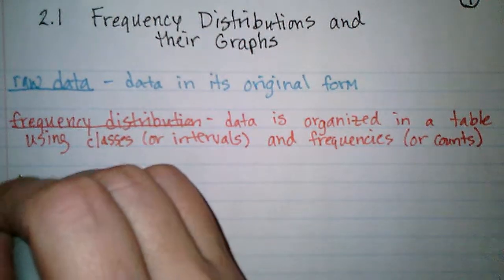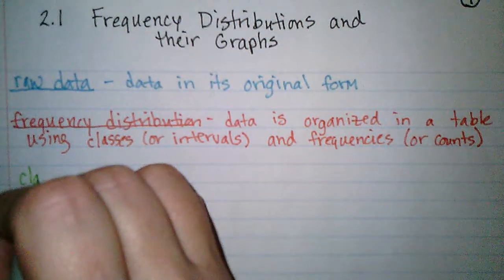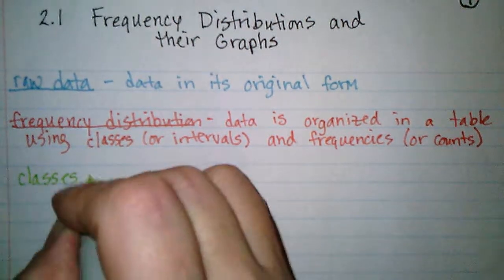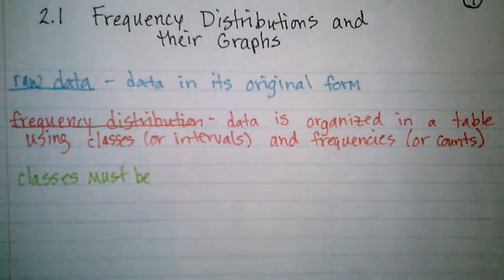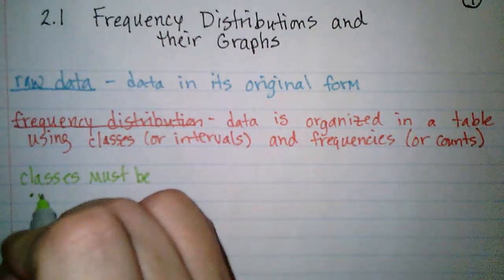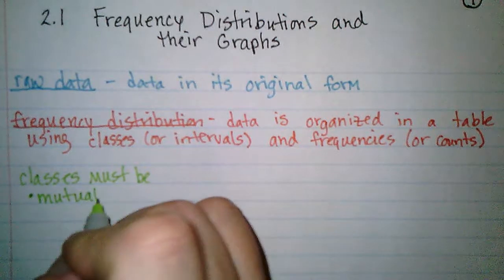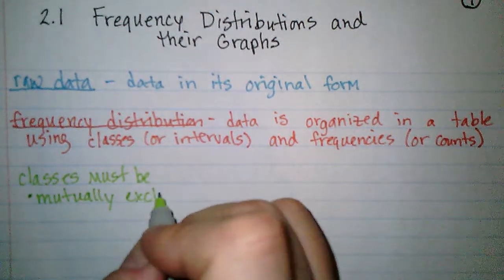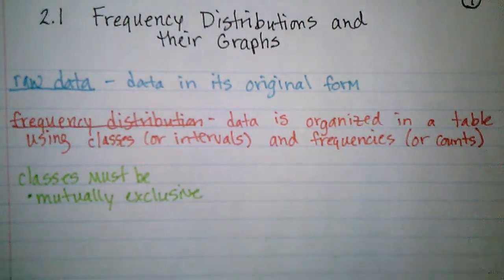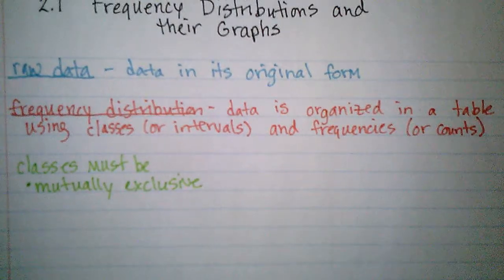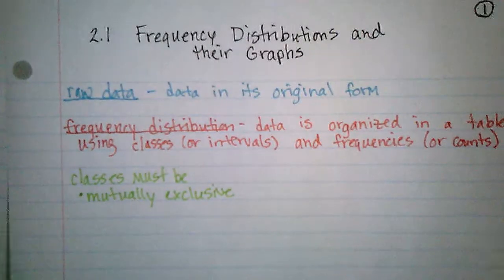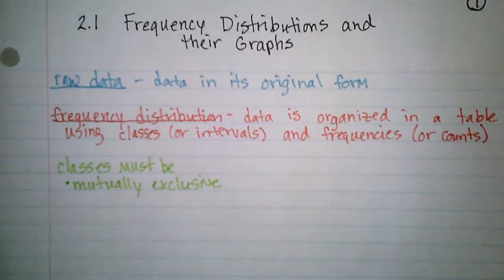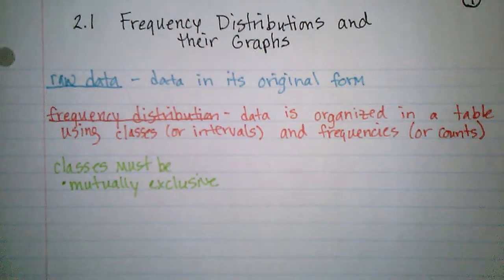Now, when we work with these classes, there are some requirements when we set them up. So the classes must be mutually exclusive. The reason for that is so that one piece of data has a definite class that it belongs to.